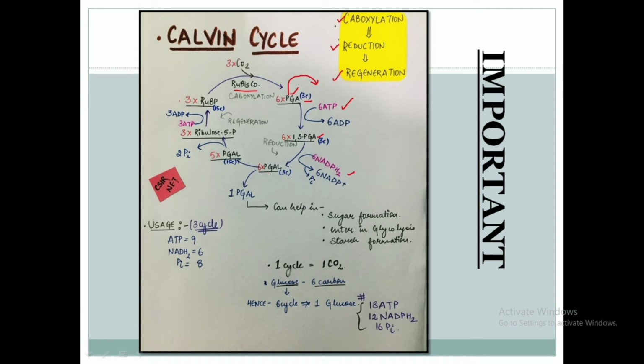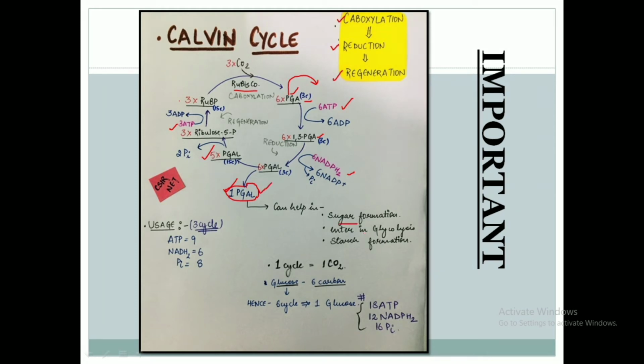From these 6 molecules of PGAL, 1 PGAL gets eliminated and we are left with only 5 PGAL. These 5 PGAL get regenerated back to RuBP with the help of 3 ATPs. The most important elimination is of 1 PGAL, which helps the plant to make sugar.